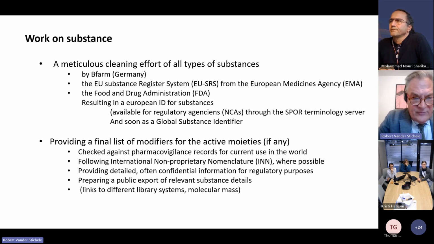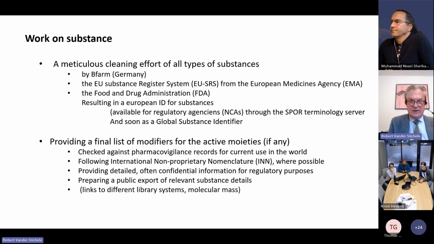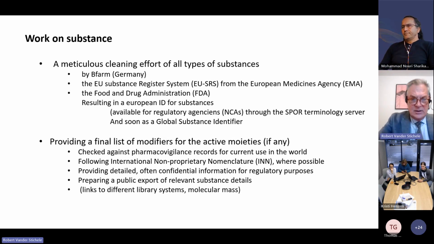It is led by BfArM Germany and the EU Substance Register, EUSRS, from the European Medicines Agency, EMA, together with the Food and Drug Administration, and it results in a new European ID for substances that will be available for the regulatory agencies, NCAs, National Competent Authorities for Marketing Authorization, through the SPOR terminology server, which is a terminology server set up by the EU for substances, products, organizations, and references.